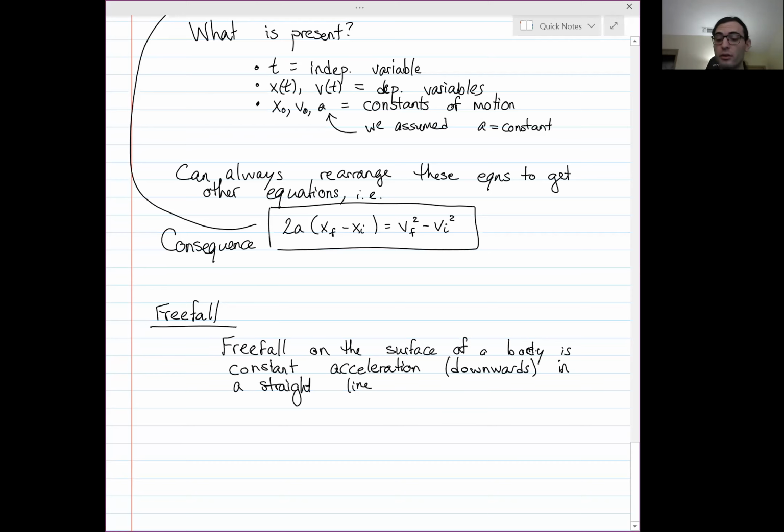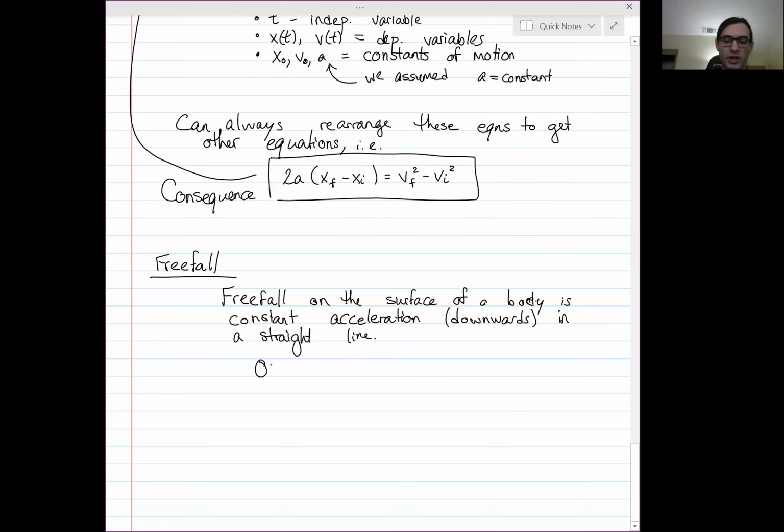So on Earth, the acceleration rate, almost done, I promise, we call that acceleration rate g. We just abbreviate it g, like pi means 3.1415, blah, blah, blah.